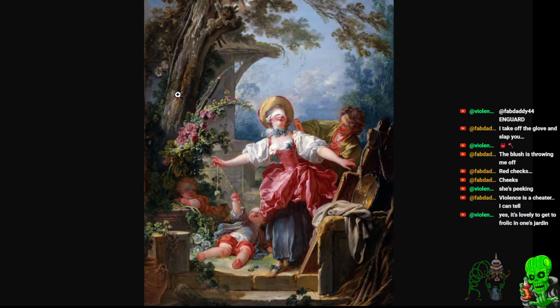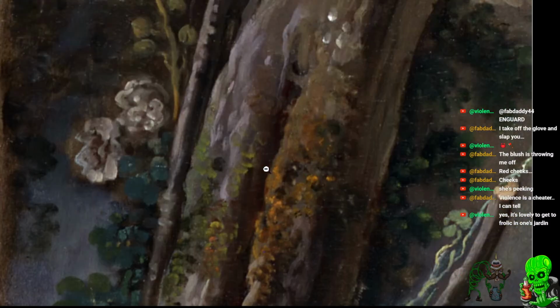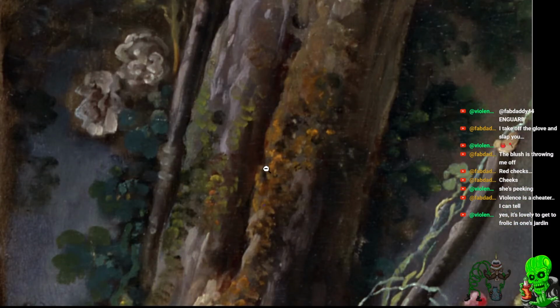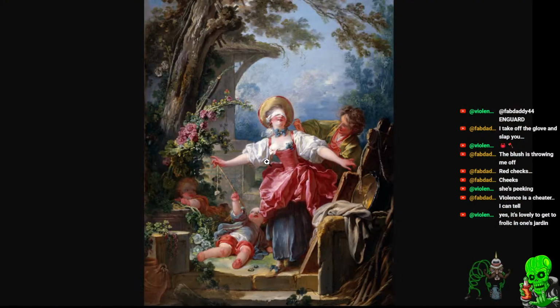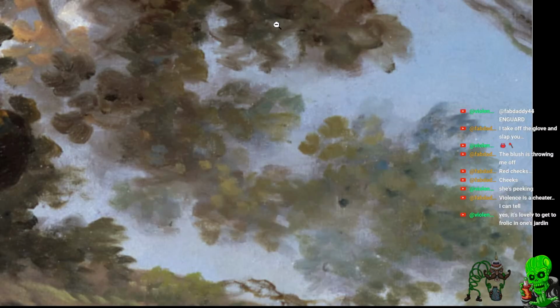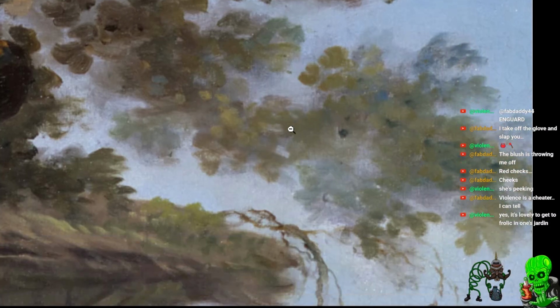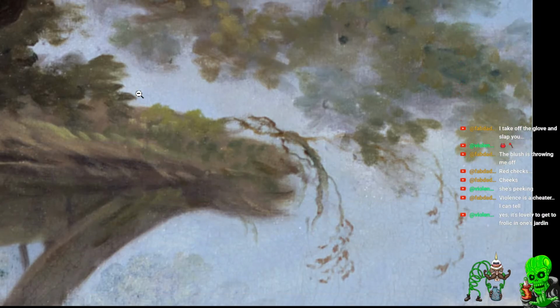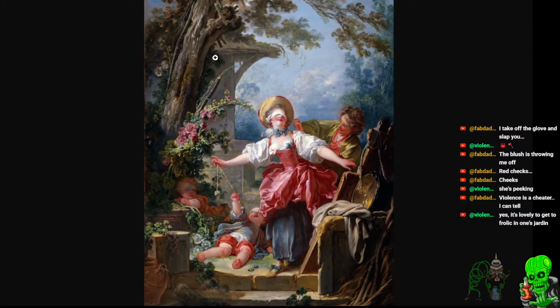The trees are something I just love, the way the trees are depicted too, with the moss on the trees, and the softness of the broken leaves and branch. Yeah, it's fantastic detail on it.